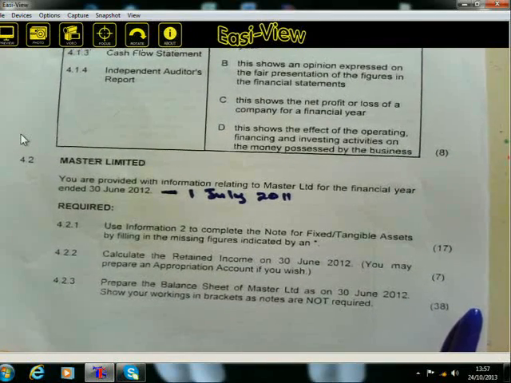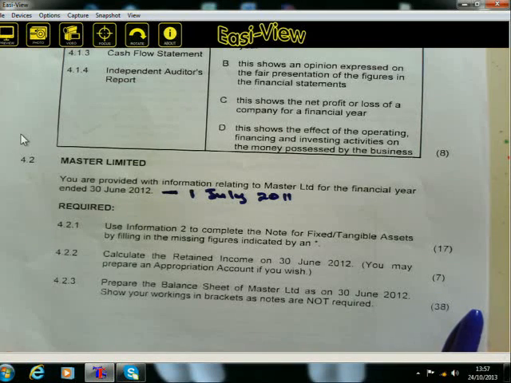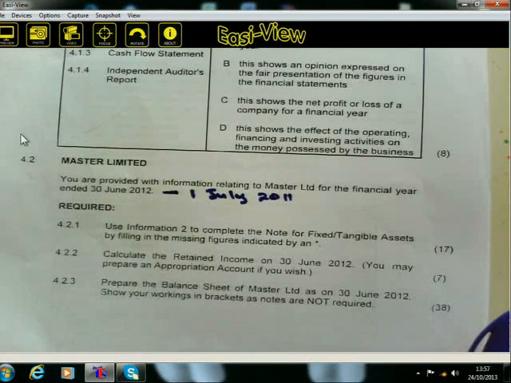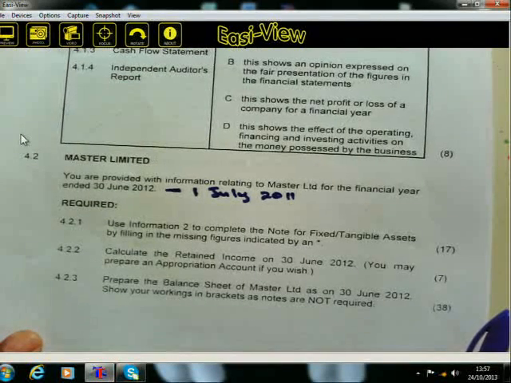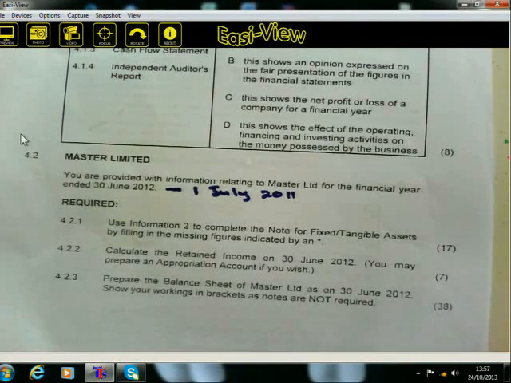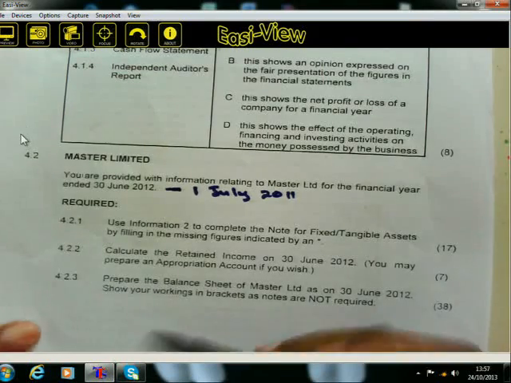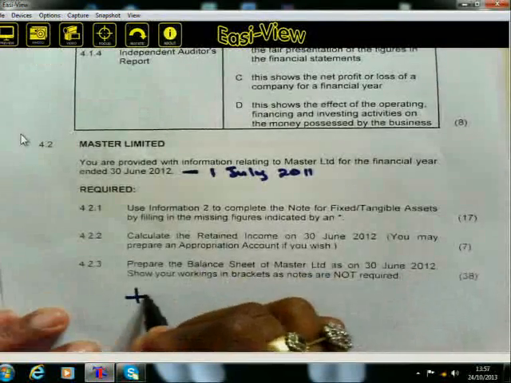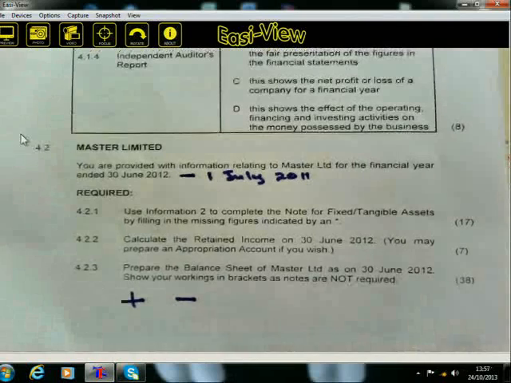prepare the balance sheet of Master Limited as on 30 June 2012. Show your workings in brackets as notes are not required. I've started with the notes. Now here they are telling us that notes are not required, which means we'll be using the plus sign or the minus sign to indicate, and then we'll also indicate our workings.